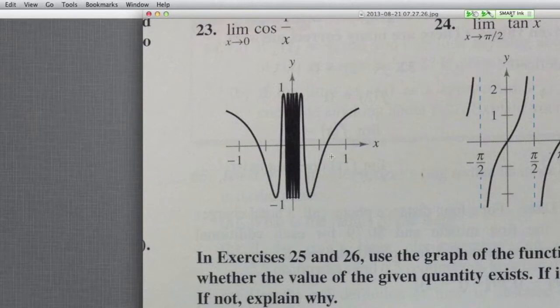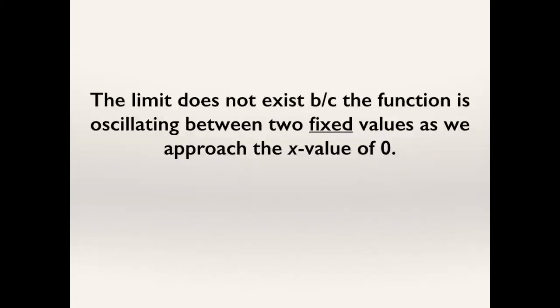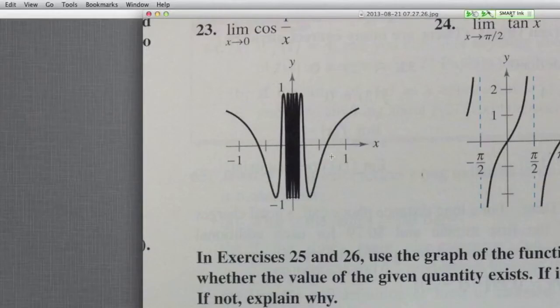This does not exist, and the reason is because my graph is oscillating between two fixed values. It's bouncing back and forth between 1 and negative 1, and since it's bouncing back and forth, it can do that an infinite number of times and never get to 0. So this one does not exist because it is oscillating between two fixed values.